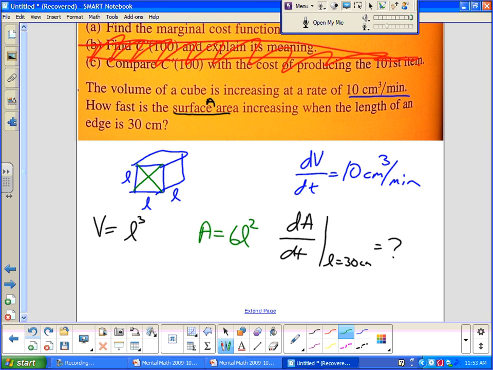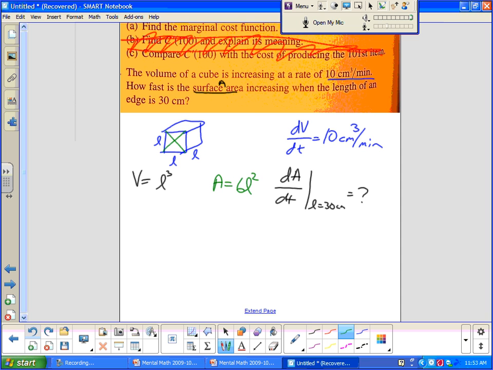All right. You know you want dA/dt. So I can take the derivative of the green one right here, and I can get dA/dt equals 12L dL/dt. But the problem is when you start checking stuff off right now. I know that this is our unknown. I know L, but I don't know dL/dt right now, do I?